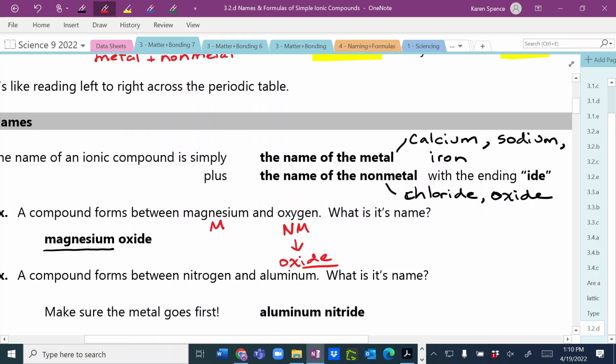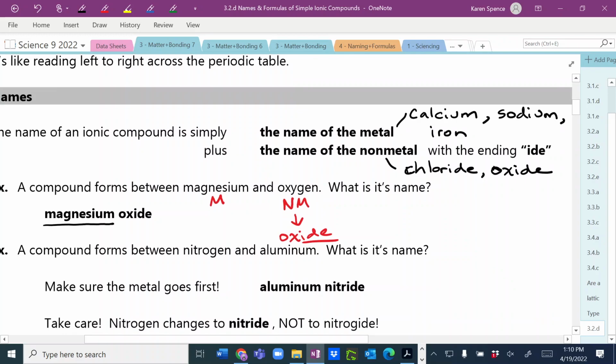Now, don't get fooled by the next one. If I say a compound forms between nitrogen and aluminum, don't get fooled into calling it nitrogen aluminide. Who is the metal? Aluminum is the metal, nitrogen is the non-metal. You have to make sure that the aluminum goes first, and then the non-metal goes second, and it's the one whose name changes to ide: nitride.